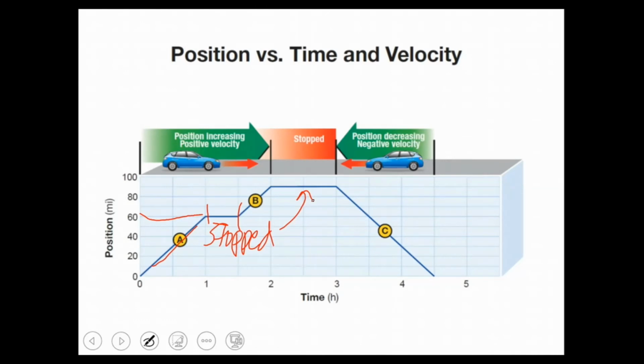Here's section B, here's section C. Okay. So on sections A and B, we're said to have an increasing velocity or positive velocity. In section C, we're said to have a negative velocity. All that means is you're going backwards here, or the opposite direction. Okay.